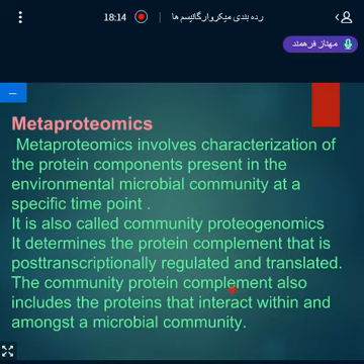They are very important in bacteria, and we can realize the modifications. It includes the proteins that interact within and amongst a microbial community.